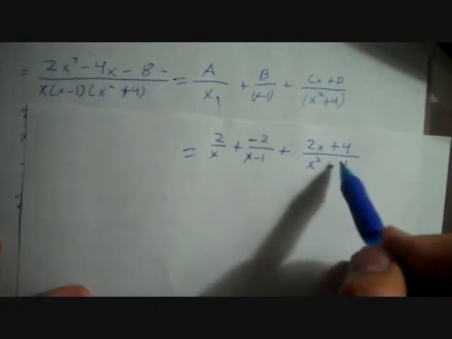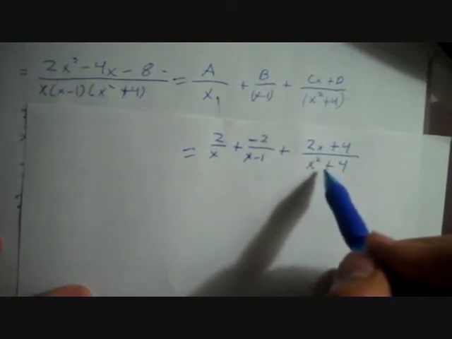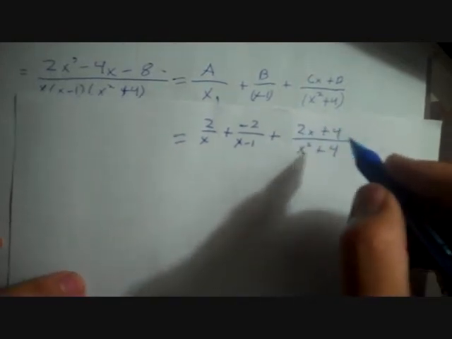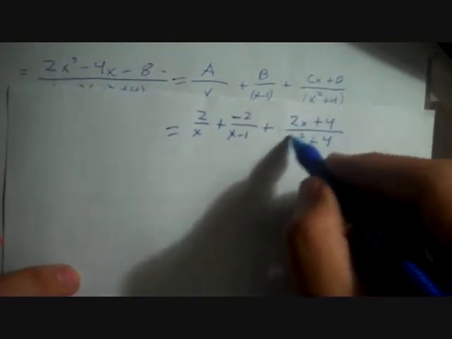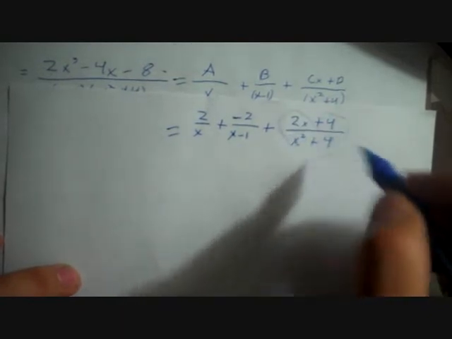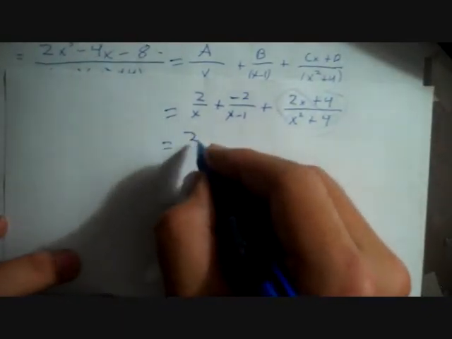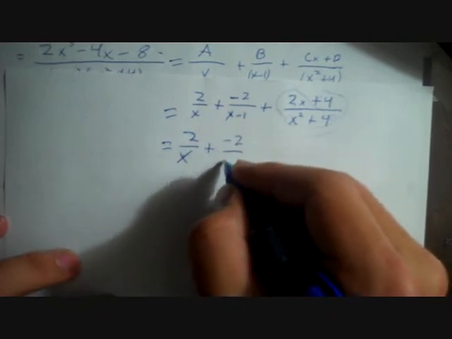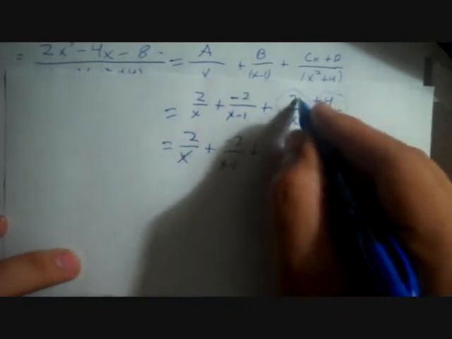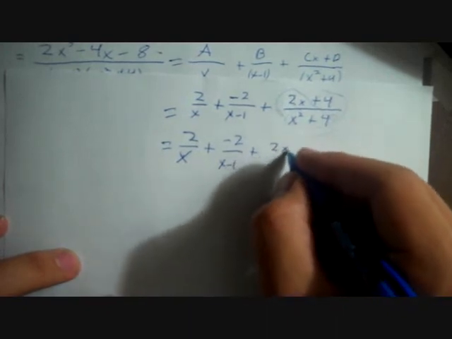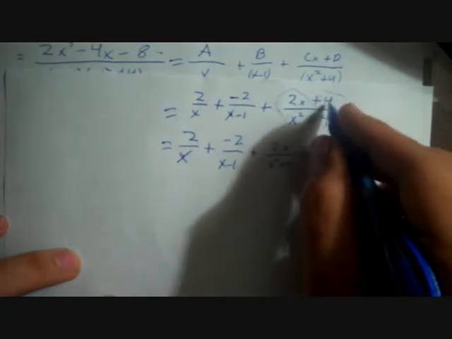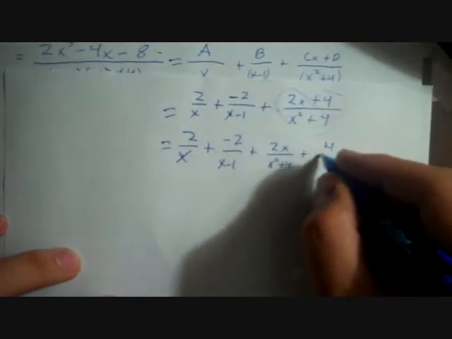We think, oh wait, how are we going to do this? Well, the derivative of this isn't up here, but hey, we have a sum on the numerator, so we can split this into two different fractions. So we'll get 2 over x plus negative 2 over x minus 1 plus 2x over x squared plus 4 plus 4 over x squared plus 4.